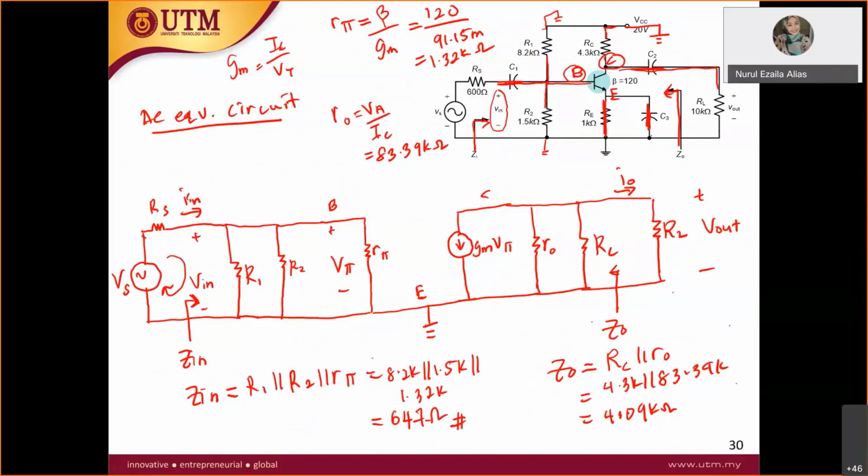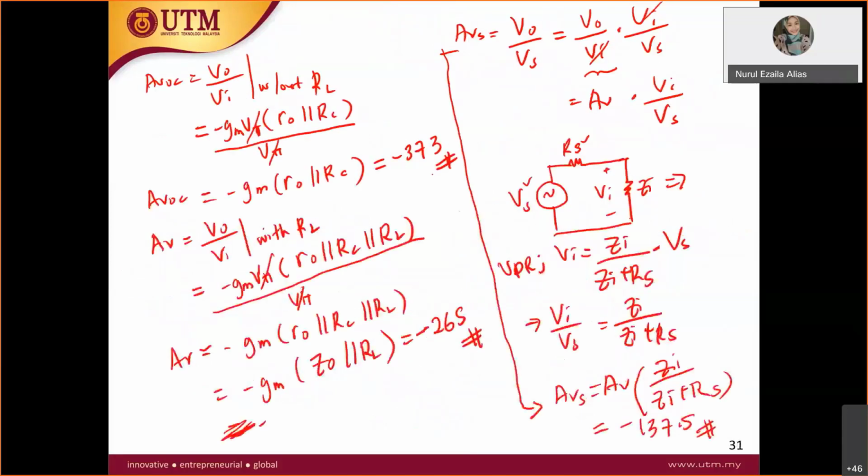This is just the beginning of this AC analysis with the common emitter. Don't lose heart, I'm here with you, and I hope you appreciate my explanation as I go through it one by one.